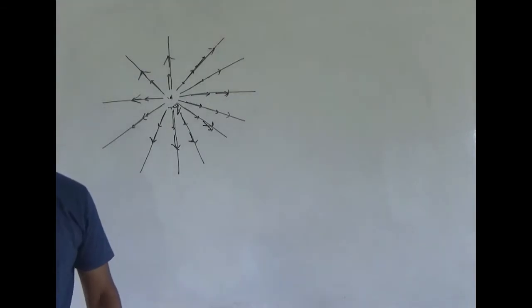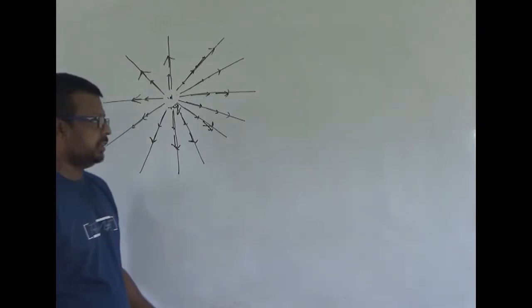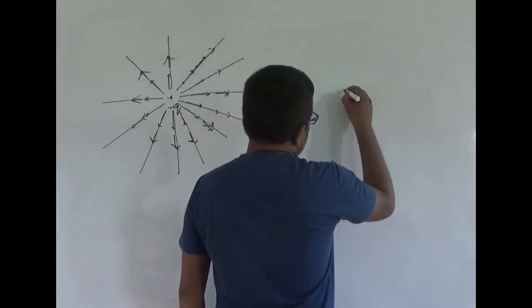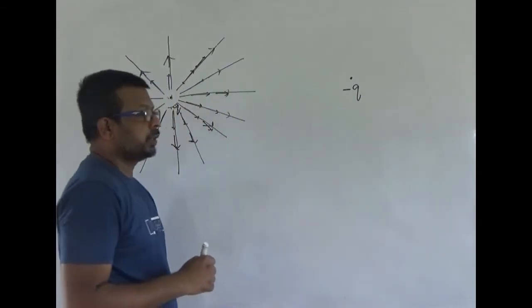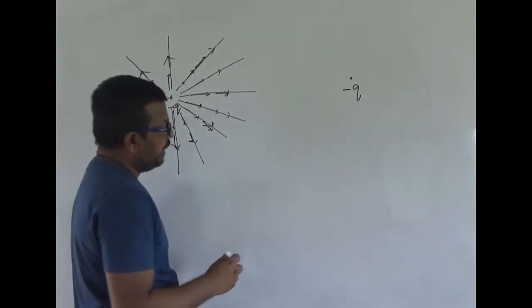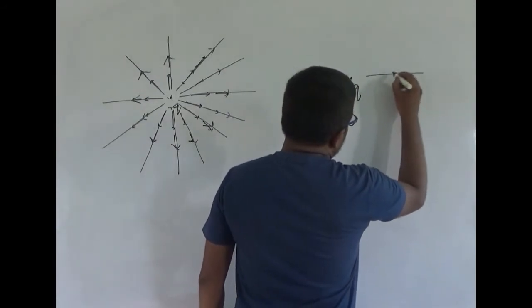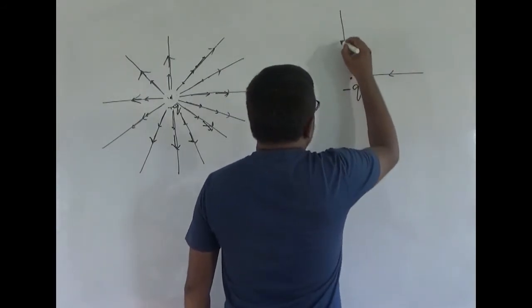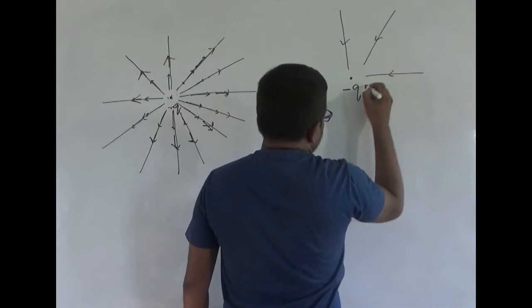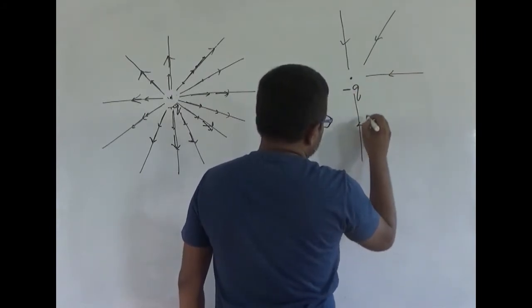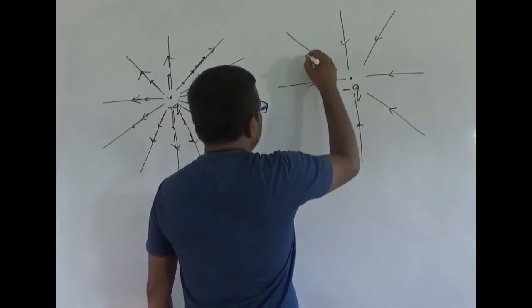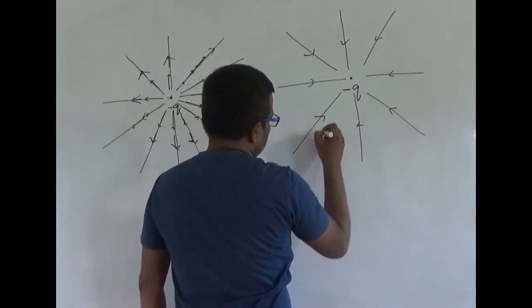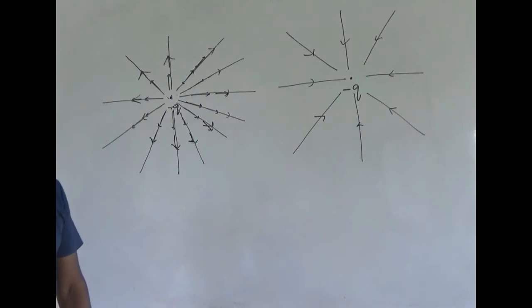Now the electric field lines due to a negative charge, if here is a minus Q charge, then field lines will be like this. That means the field lines are radially inward.